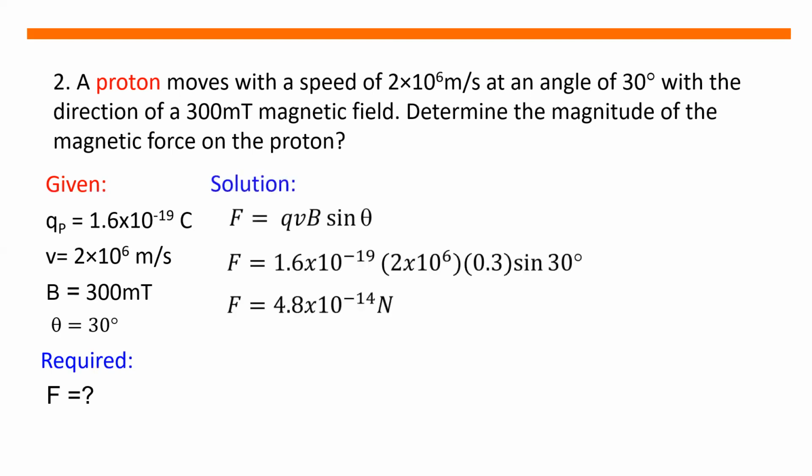Using our equation and substituting all the values given, that is 1.6 times 10 to the negative 19, the value of the proton charge, multiplied by 2 times 10 raised to the 6th power, multiplied by 0.3 Tesla, multiplied by sine 30 degrees, we will get 4.8 times 10 to the negative 14 Newton. So this is the force experienced by the charged proton.